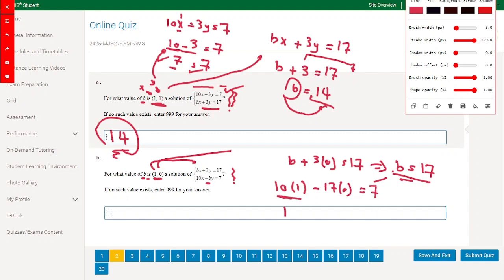So here it will be 10 minus 0 equal to 7. The left hand side is not equal to the right hand side. It's not equal, so 1 and 0 is not a solution, so I cannot find the value of b. So the answer here will be 999 because there is no value for b here.